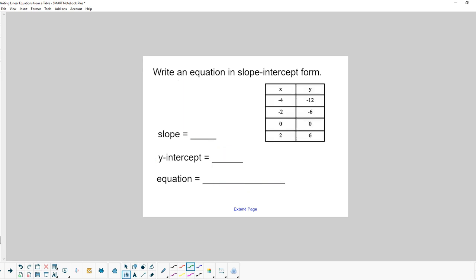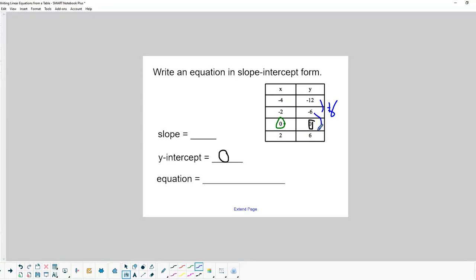All right, what if the table lines up this way? Well, no big deal. We've got the x's on the left side, the y values on the right side. So let's find out where x is 0. Then the y value at that point is also 0. So the y-intercept is 0. This line is going to cross right through the center of the graph at 0, 0. Now we just got to look at the change in y to go from negative 12 to negative 6. That's an increase of 6.